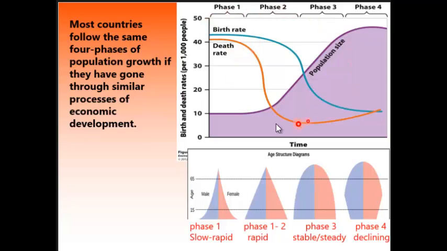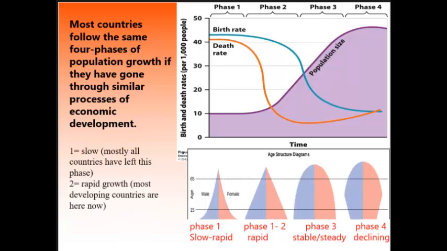Okay, so here is our demographic transition model. If you look at phase 1 up here and look at phase 1 down here, this is typically the beginning, but this is not yet rapid growth. This is slow growth going into rapid. We really don't have many countries left in this phase.